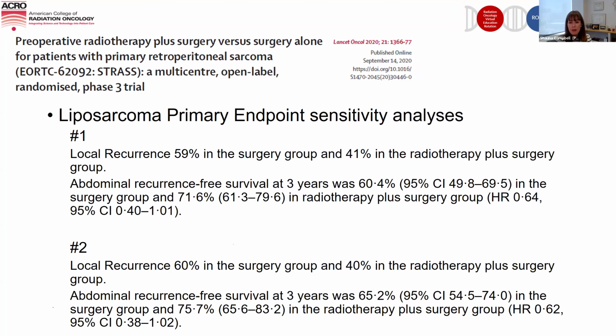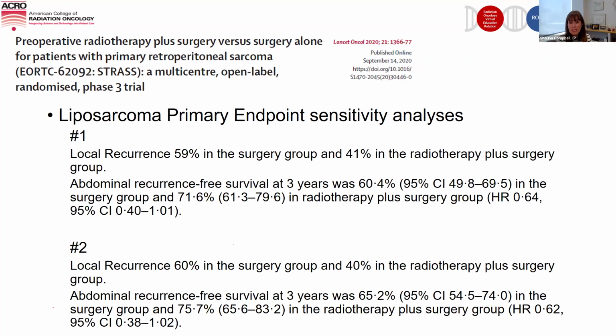What we found is that local recurrence was 59% in the surgery group versus 41% in the radiation plus surgery group. This led to an abdominal recurrence-free survival at 3 years of 60% versus 71.6%. The hazard ratio is 0.64, and the confidence interval just barely crosses 1, but these numbers still look very favorable.